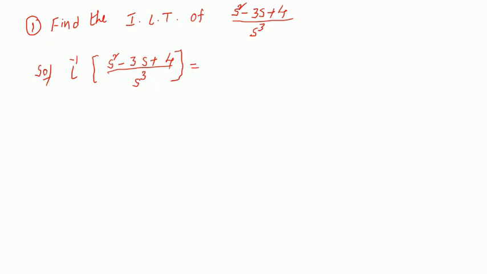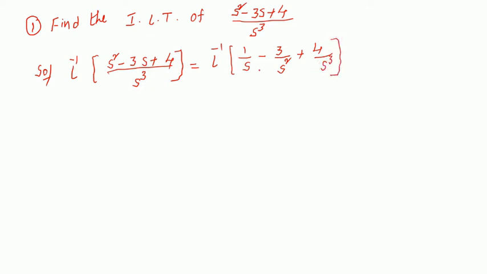First I can write this as a by d minus b by d plus c by d. Then I can operate the inverse Laplace transform. So L inverse of s square by s cubed, which is 1 by s, minus 3 into s by s cubed, which is 1 by s square, plus 4 by s power 3.